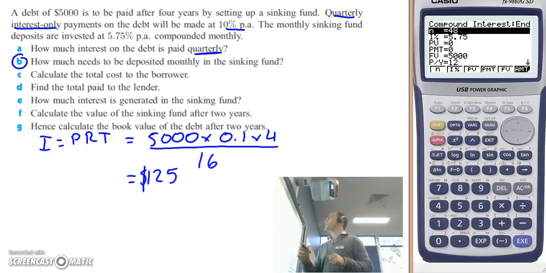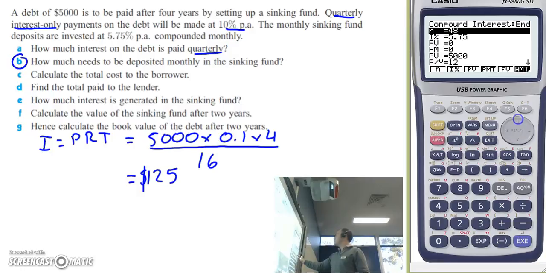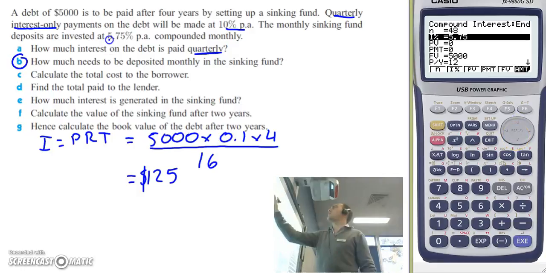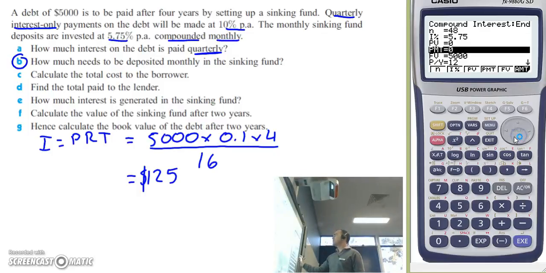How much needs to be deposited monthly into the sinking fund? Because that's a savings account. I'm putting money in. I'm coming over to my calculator. My end value is 4 by 12, 48. Interest rate was 5.75% compounded monthly. My present value, because I'm saving, starting with nothing, I know that I need to save that full amount, that $5,000.